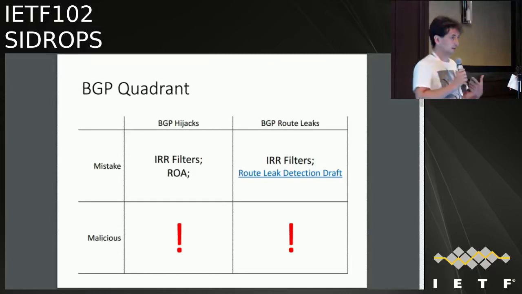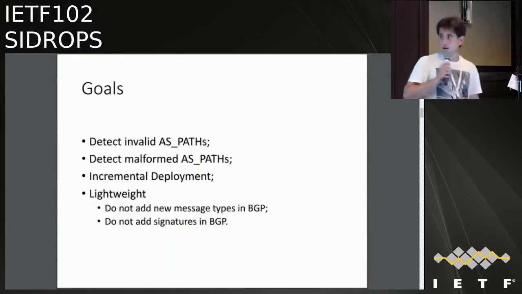Let us learn from the mistakes and clearly specify the goals, what we need from any kind of protocol extension to detect malicious hijacks and route leaks. So what do we need? We already have origin validation with roles. We need the ability to detect invalid AS paths. It should, of course, support incremental deployment.